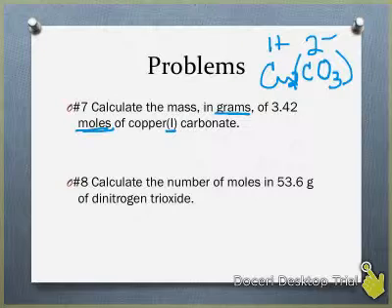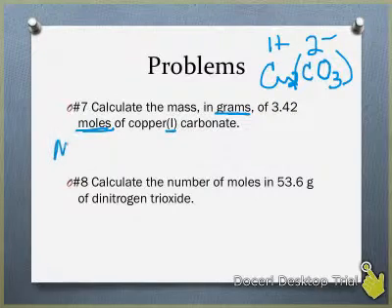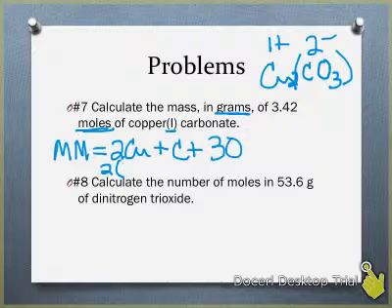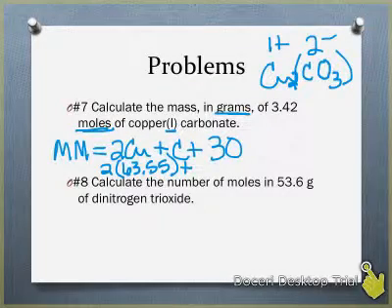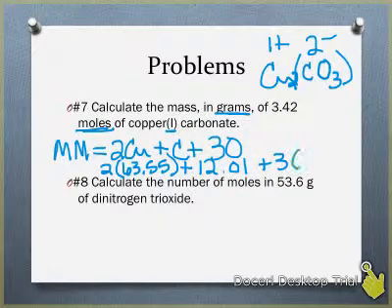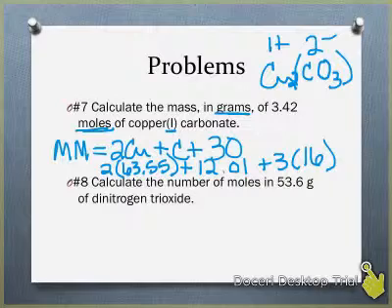Now can I find the molar mass? Yes. So my molar mass is going to equal 2 coppers plus how many carbons? Plus how many oxygens? Okay, so 2. Copper has a mass of 63.55 plus carbon, which is 12.01, plus 3 oxygens, which is 16.